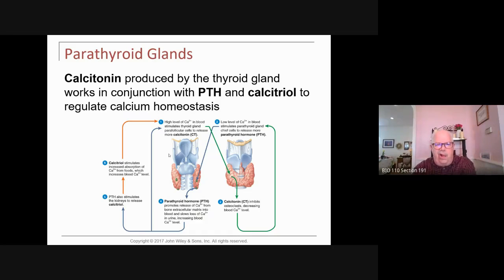Where does calcitriol come from? Anyone? Michael.